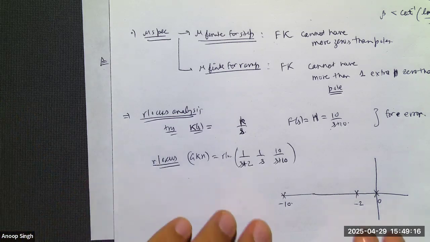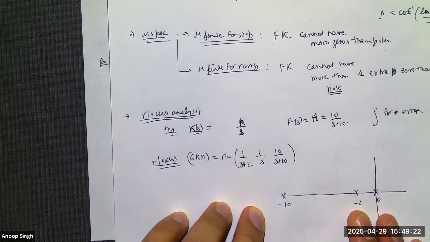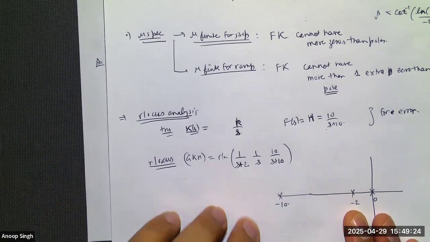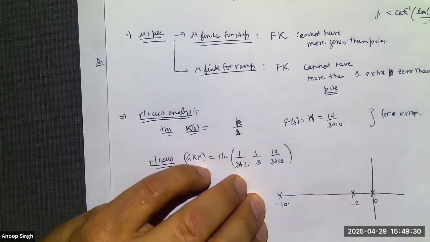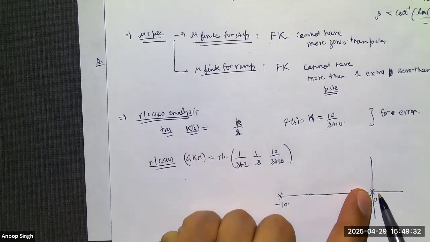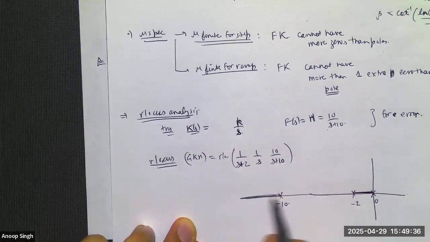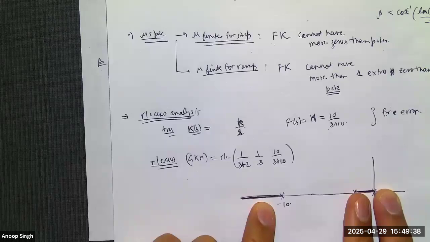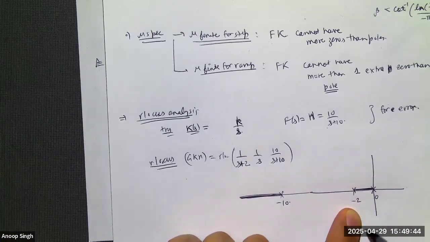Whenever you want to plot, first of all, this is one of the basic 7 or 8 root locuses. This should be just memorized. There's no point trying to do this again and again. Those 7 or 8 basic root locuses, which are in the things to remember, just remember them. This is one of those. Otherwise, according to the left-right rule, no root locus here, there'll be root locus here, no root locus here, root locus here. With 3 poles and no zeros, there'll be 3 asymptotes, at -infinity and 60 degrees and -60 degrees.